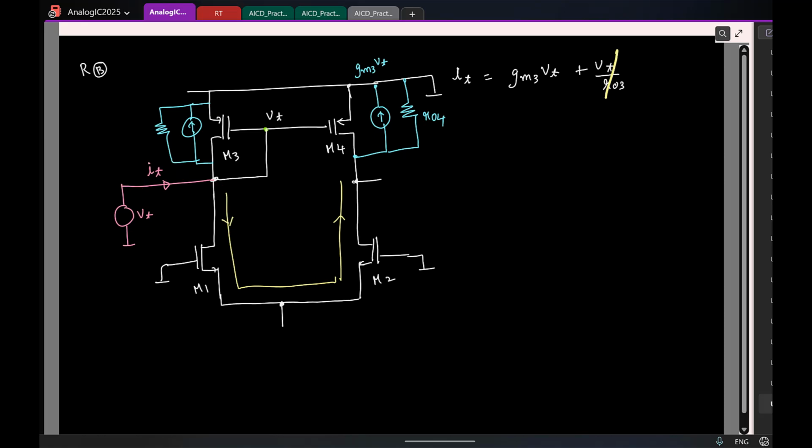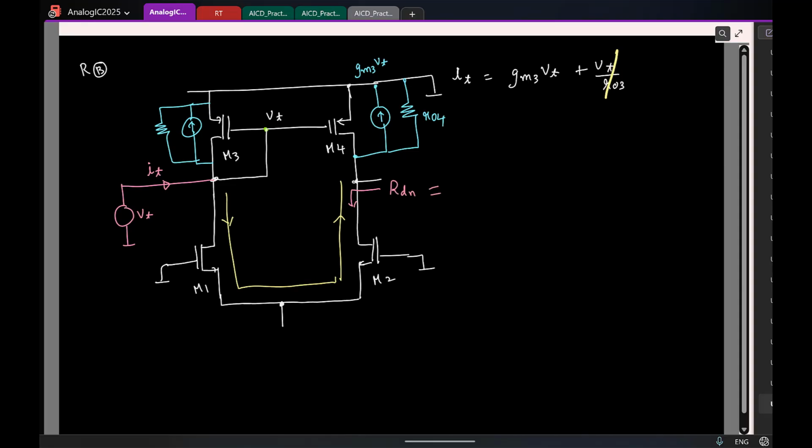Right? So how will you find what fraction of this current flows down? I mean flows here. What is? Yeah, it's basically a current division between the resistance R04 and whatever resistance I have looking down, right? And what is the resistance looking down?